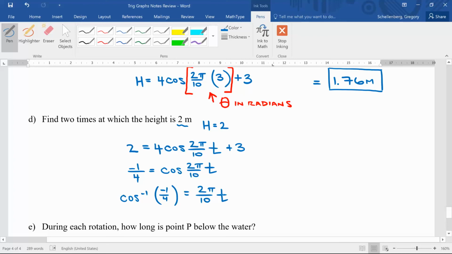So we've got the inverse cosine of -1 over 4 is equal to 2 pi over 10 times t. From here, we can multiply both sides by 10 and divide both sides by 2 pi. So we're going to get that t is equal to 10 times the inverse cos of -1 over 4, all divided by 2 pi.